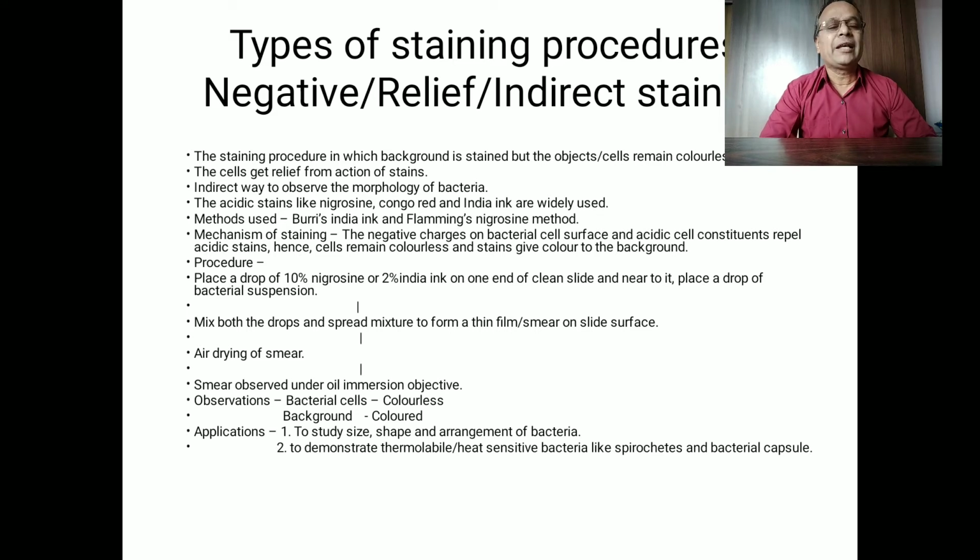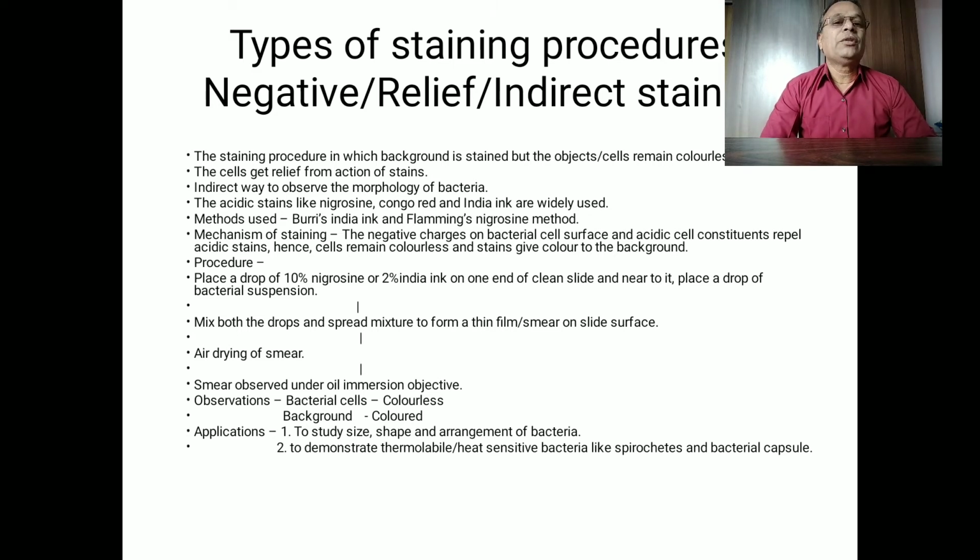However, there are certain exceptions, for example 10% nigrosin, which is prepared in water and used in negative staining. Otherwise, most stains are prepared in water and have a concentration of less than 1%. With these requirements for different staining procedures covered, now we will discuss types of staining procedures.